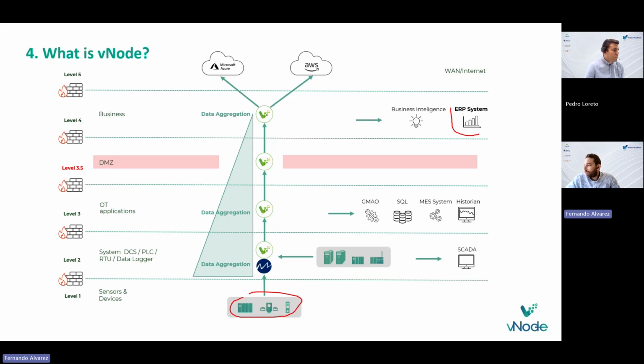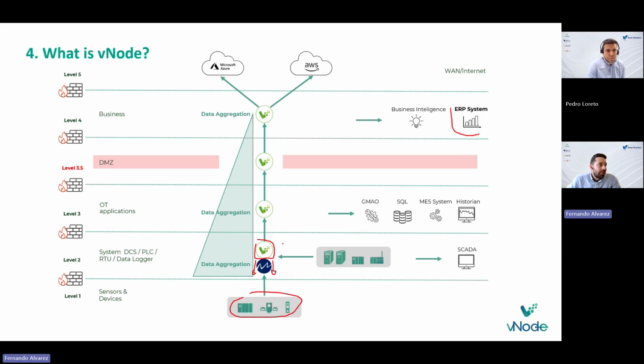Using vNode as an IoT gateway, we can perform this communication. We can install a vNode in our OT network. The vNode is in charge of collecting the data from all our OT data sources.